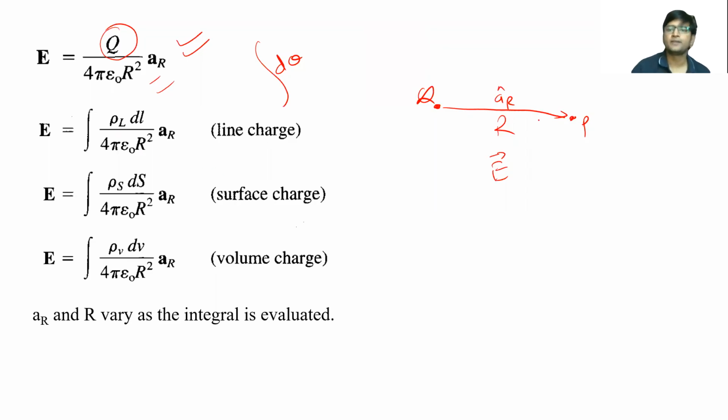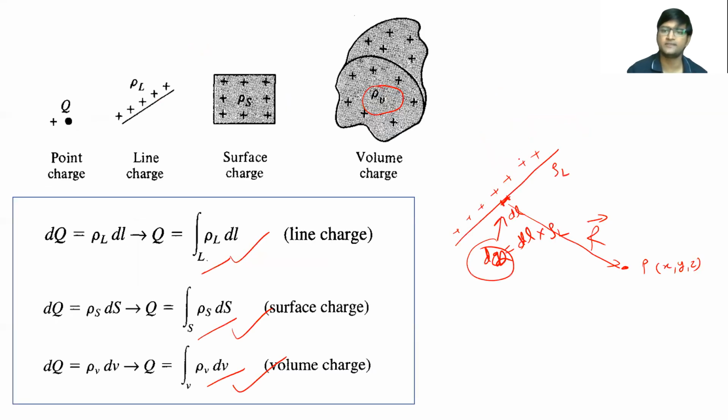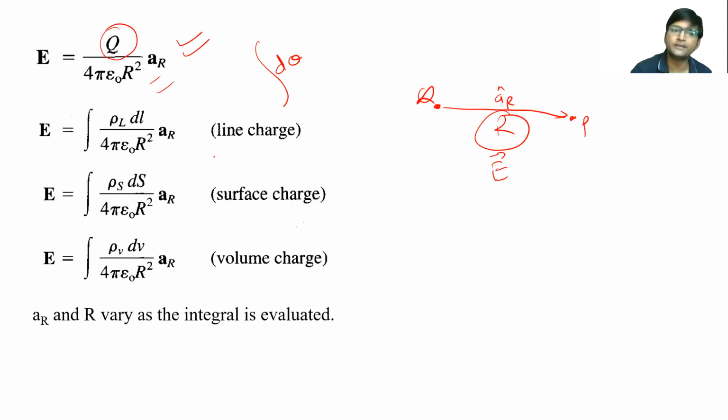And since this r also depends on the place of the charge, because if you see in this example, if you take this part, this r will be different, and if you take this part as dl, this r will be different, right? Because the vectors will change, the length will change. So in the integral, you have to include this r and aR inside the integral.